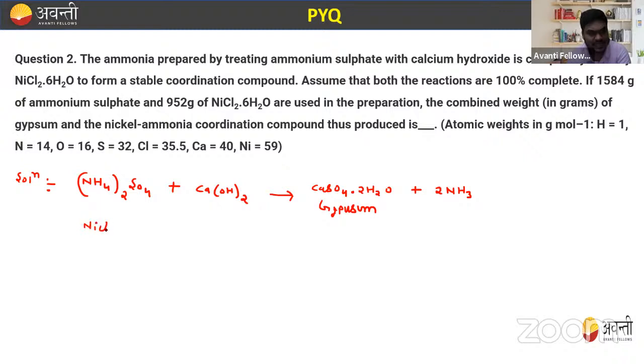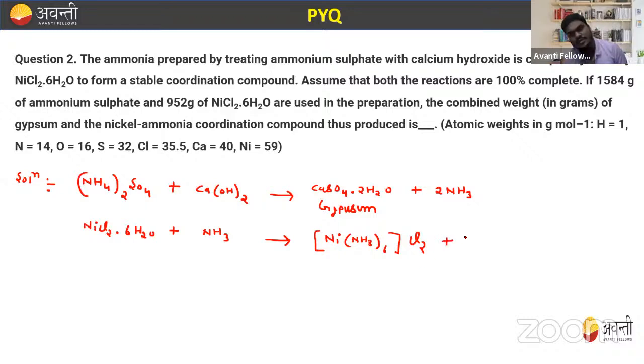NiCl2.6H2O uses this ammonia, NH3, to form a stable coordination compound, like [Ni(NH3)6]Cl2, plus 6H2O.